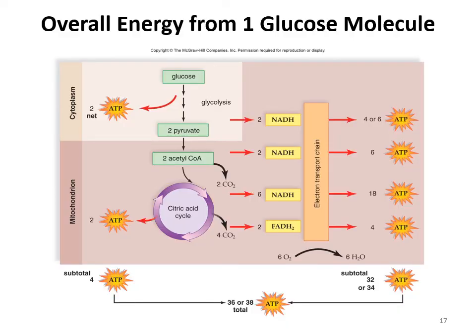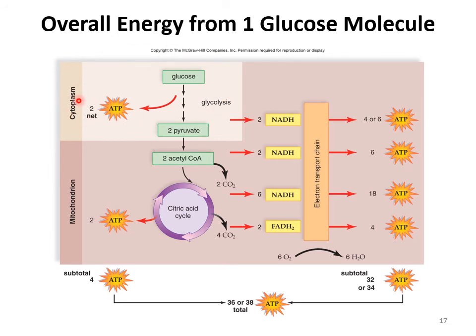Now this figure here is to show you the whole process of getting any kind of ATP out of this one glucose. The whole process of cellular respiration starts off with glycolysis, and notice this is in a different color because what did we say about glycolysis?